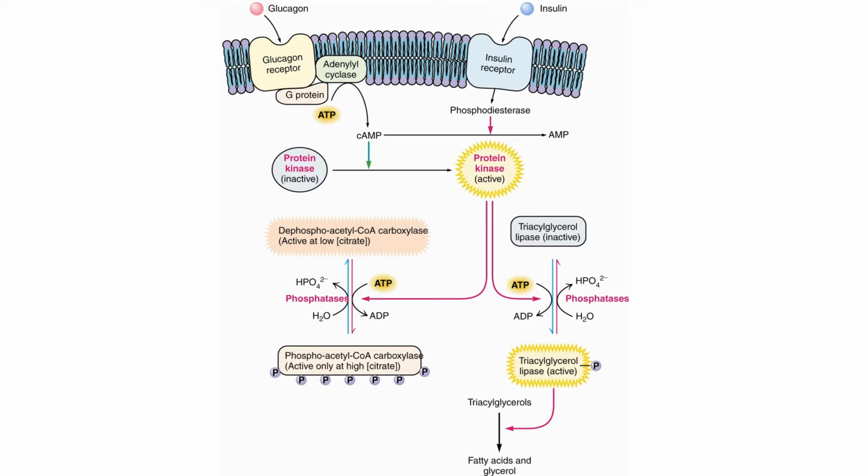Now, we've seen that acetyl-CoA carboxylase is regulated by phosphorylation and dephosphorylation. But what triggers that? What we're looking at now is the hormonal regulation that's involved with activating or deactivating this enzyme.